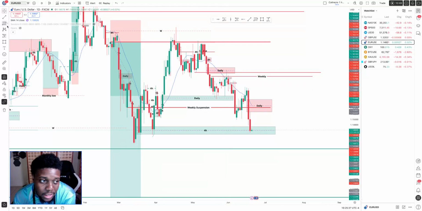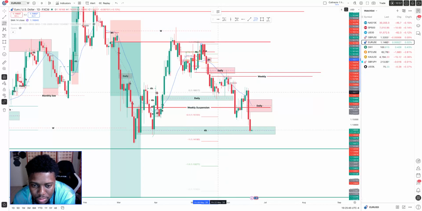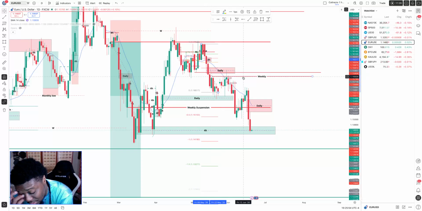However, what made this a little difficult was, if you put your fib from the high point before it broke structure down to the lowest point, I used the bodies, we are nowhere close to premium pricing, nor did we get there. I feel as though sometimes we don't have to get into premium pricing all the time.